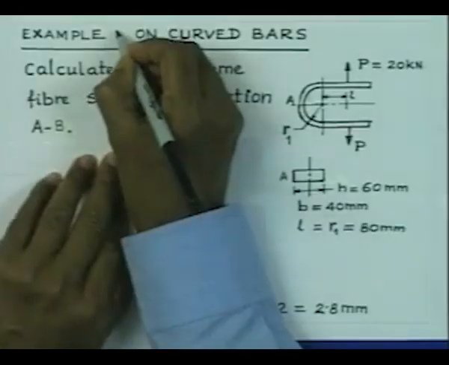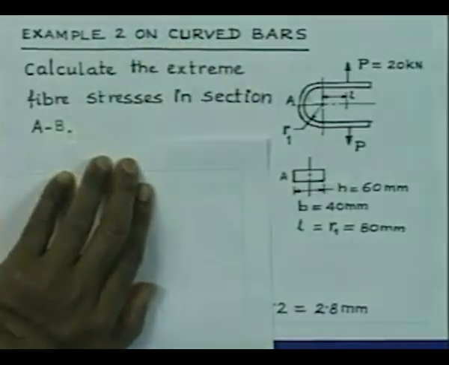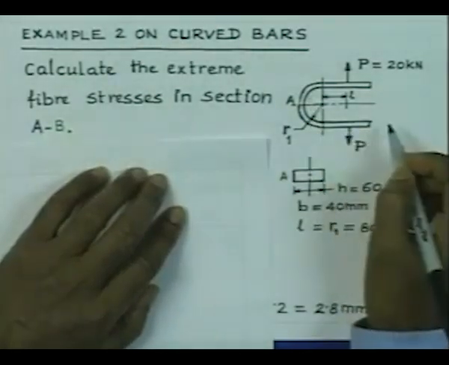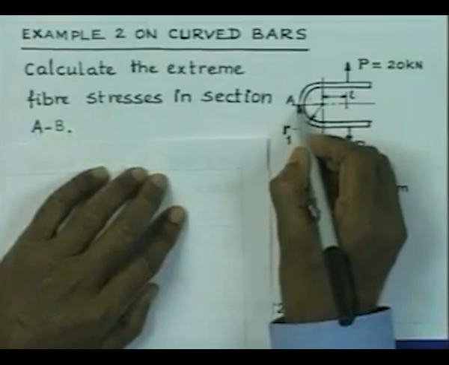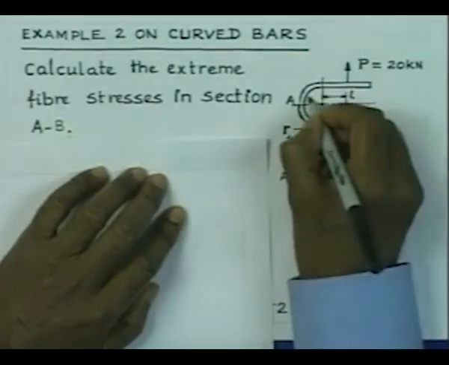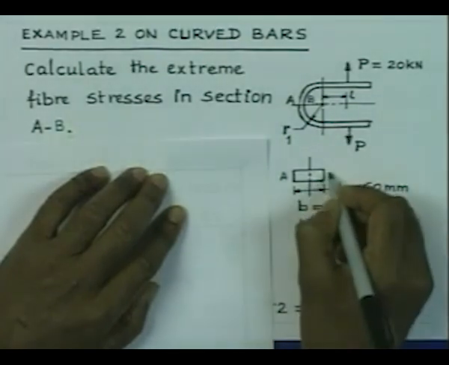Let us now consider one example which is given here. You have a frame like this, which has a section at this location AB that is rectangular.